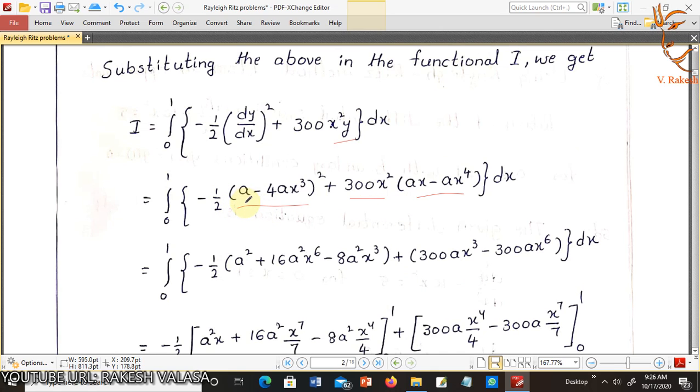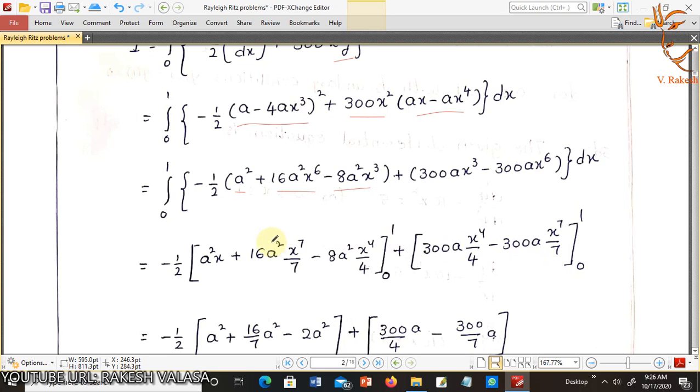This is like (a minus b) whole square, that is a square plus b square minus 2ab. Here b square is (4ax cube) whole square, that is 16a square x power 6, and 2ab is 2 into a into 4ax cube, that is 8a square x cube. Plus 300 x square into (ax minus ax power 4), that is 300 ax cube minus 300 ax power 6, into dx.